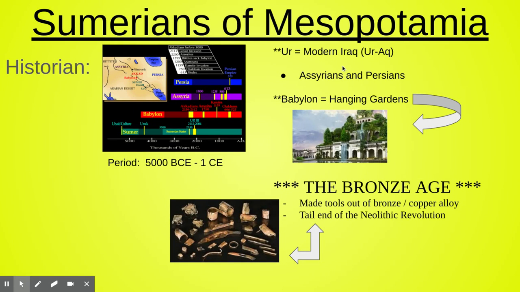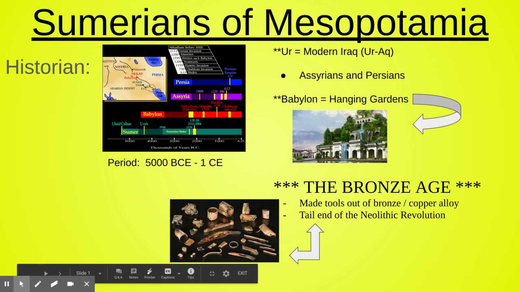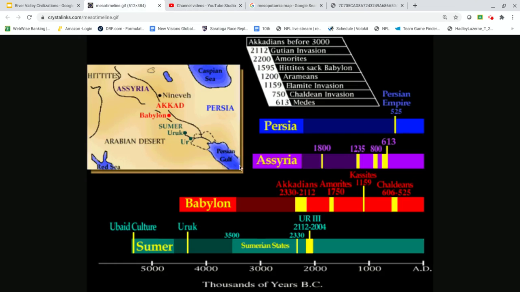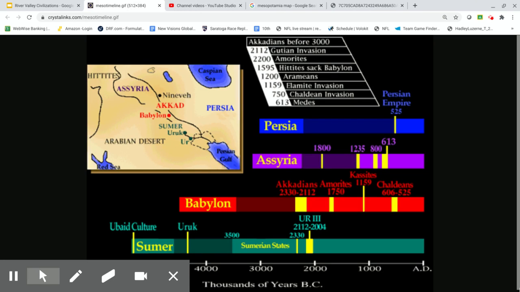The timeline here is set up pretty strongly. If I take a look at the timeline, we see that if we go back to about 5,000 BCE, you had an ancient culture known as the Sumerians.